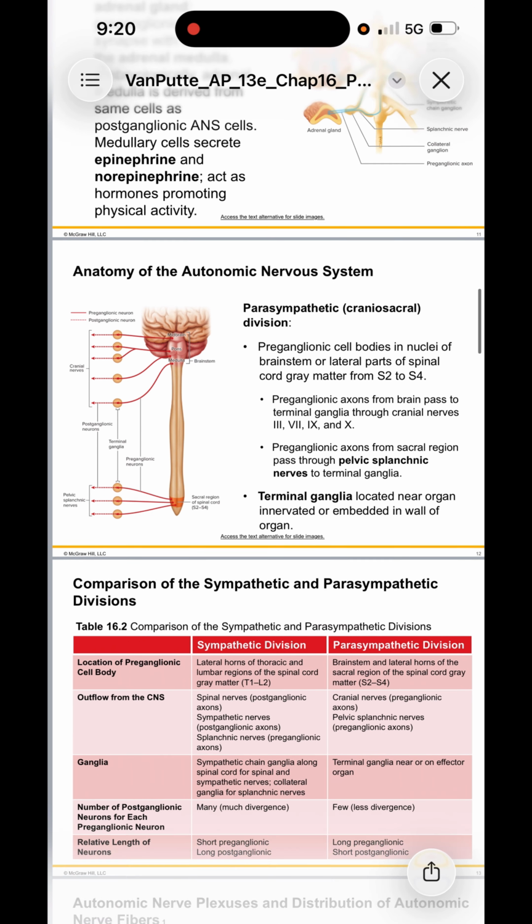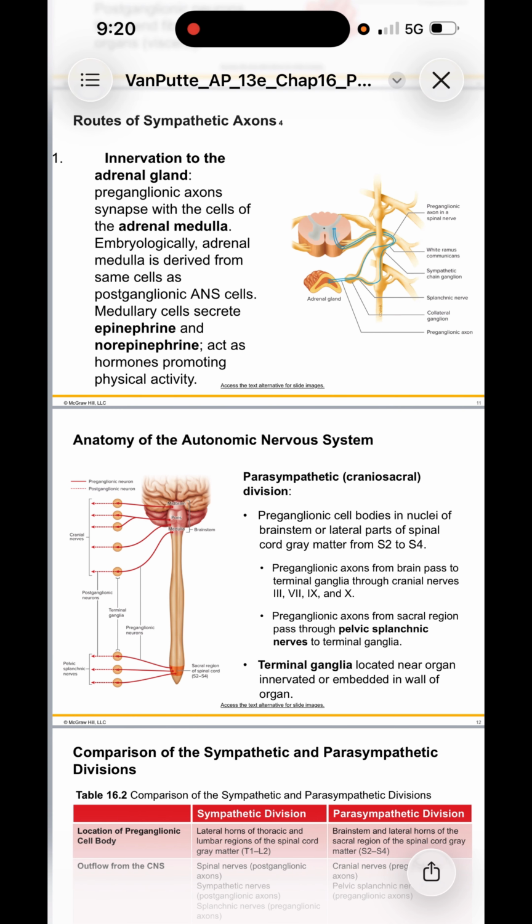Anatomy of autonomic nervous system. Parasympathetic craniosacral division. Preganglionic cell bodies are in nuclei of the brain stem or lateral parts of spinal cord gray matter from S2 to S4.